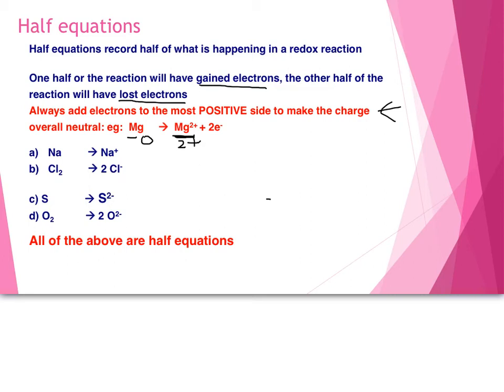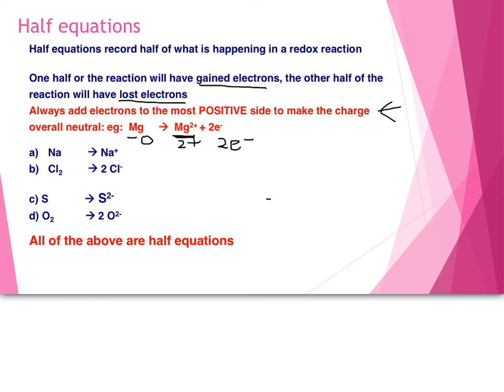The Mg2+ side is the most positive side. We want to add enough electrons to make both sides of the arrow equal. If we've got 0 charge on this side, I want to have 0 charge on this side. So 2 plus and 2 minuses is going to balance out to make it overall neutral, equaling the left side.